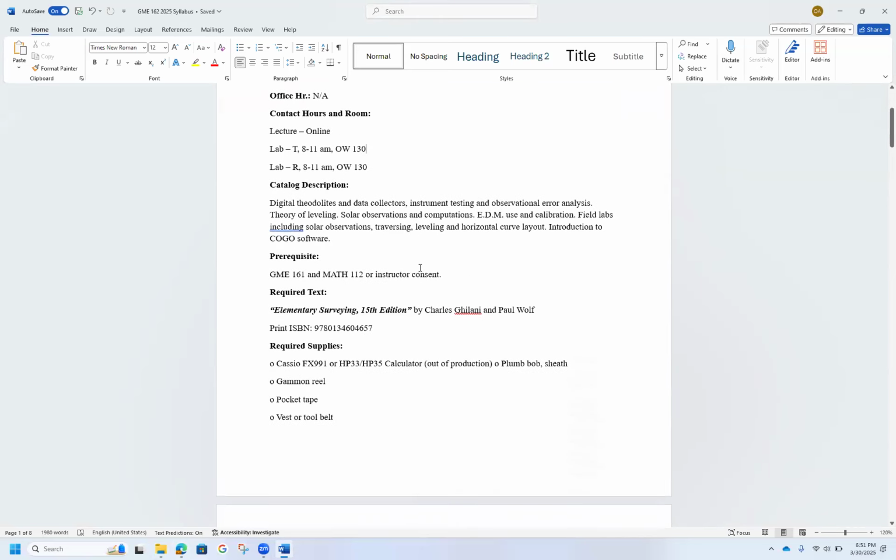All right, so let's go over a few items on the syllabus and give you a rundown of 162. The catalog description covers digital theodolites and data collectors, instrument testing, observational error analysis, theory of leveling, solar observations and computations, EDMs, which is electronic distance measuring, use and calibration, and field labs, including solar observations, traversing, leveling, horizontal curve layout, and an introduction to COGO software.